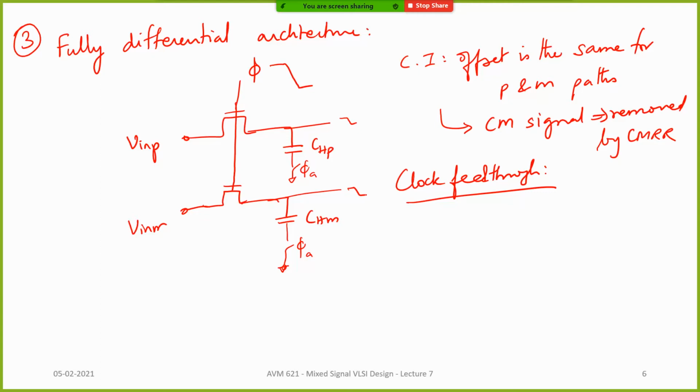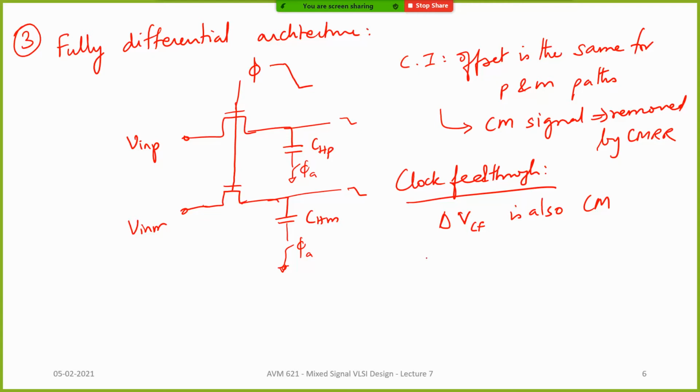Nominally, the voltage by which they come down will be the same, because it's the same clock phase which is given to both the switches, right? And they both are switching at the same time, right? And nominally, if everything is pretty much symmetric, the delta V due to clock feed through, let me just write it as delta V CS. Okay, this is also common mode noise.